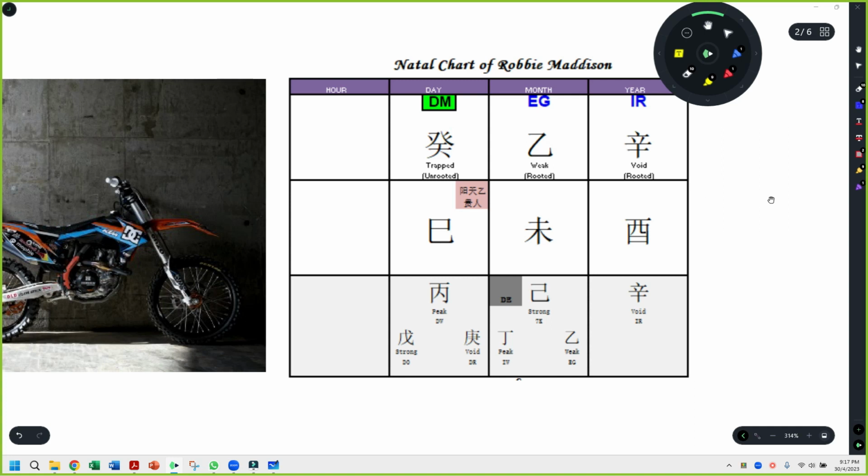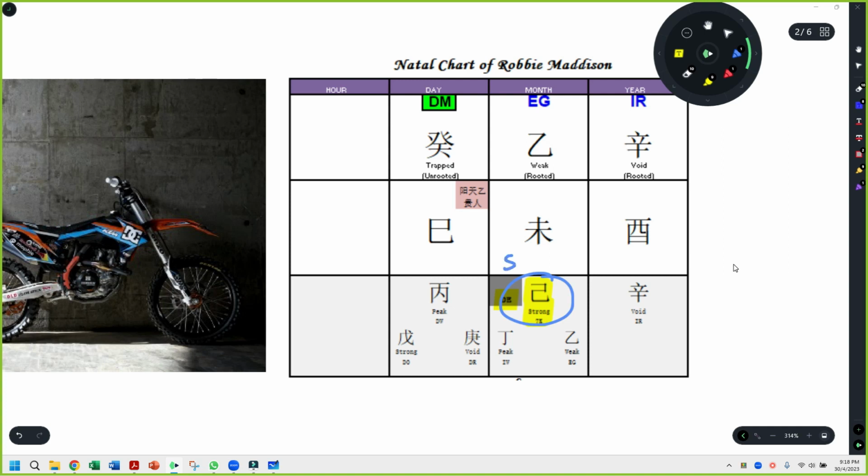Now again, this is a Gui water. So the 7 Killing of a Gui water would be the Ji Earth. And this Ji Earth is a strong Ji Earth, but of course discounted because of death and emptiness. Therefore, the grading of the strength is a bit weaker, not as strong as the previous one, but nonetheless. But here we consider that this represents structure.